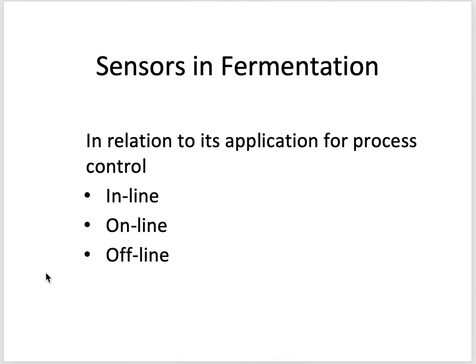Anyway, depending on the application, the sensors can be classified in a different way, such as inline, online, and offline sensors. This classification is based on their application, so how we use the sensors in a fermenter.